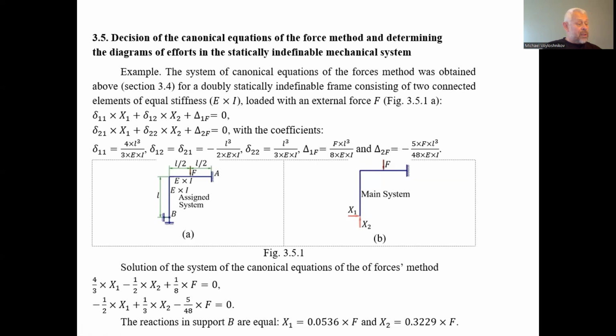This is the law of reciprocity of displacements: if we have the same indexes but changed, the displacements are equal.